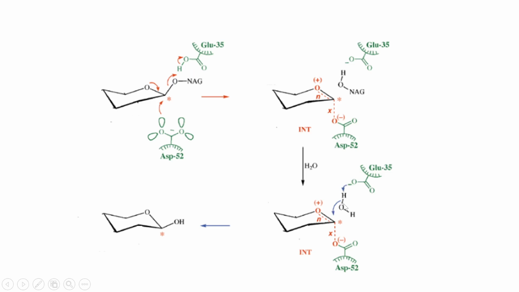That O negative can abstract a proton from a water molecule, resulting in the formation of OH negative that can attack the oxonium complex, and the OH can bind to the remaining part of the chain.